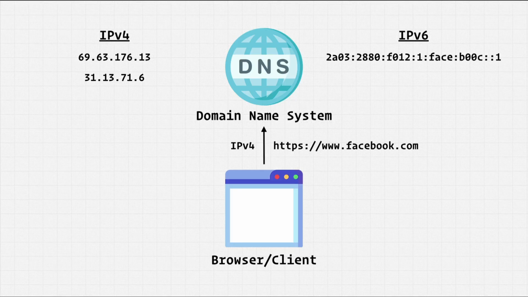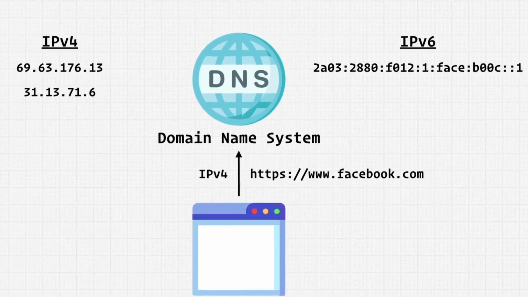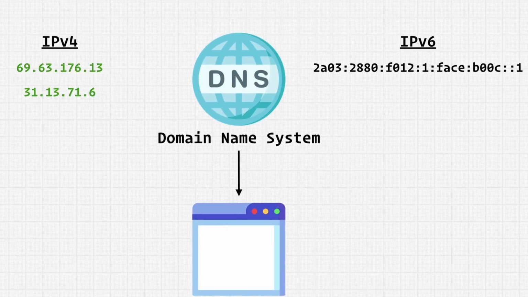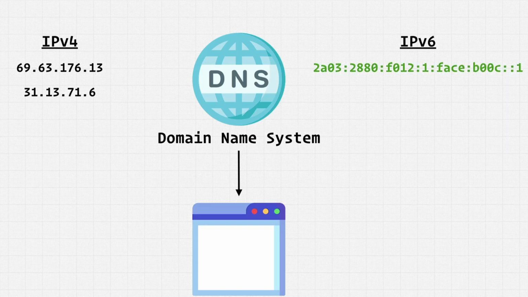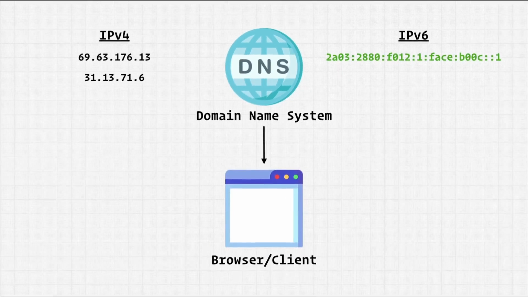If we say, hey, give me the IPv4 version of facebook.com, then we'll get back the IPv4 version. If we say, give me the IPv6 version, then the DNS will give you back the corresponding IPv6, and it figures out based on your location and other factors which one you actually need to receive. Again, the DNS is the thing that handles all of that for you.